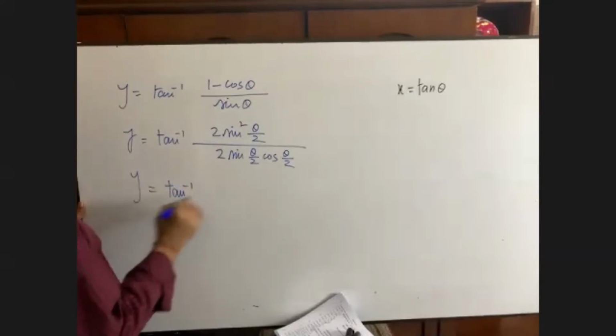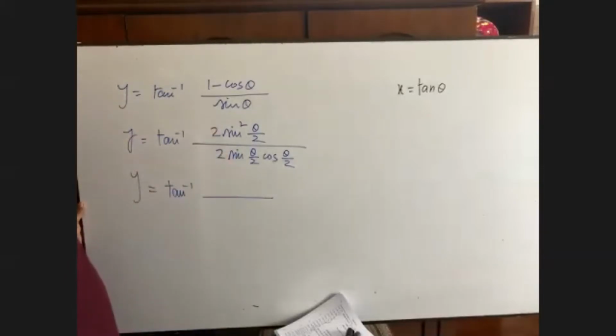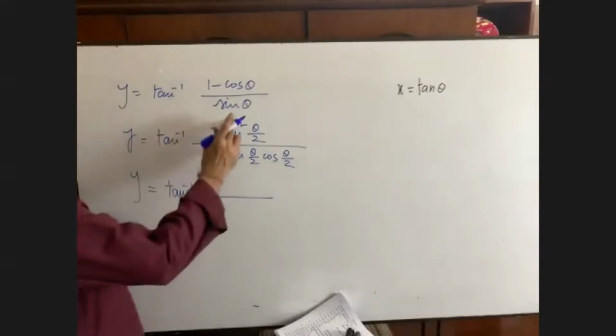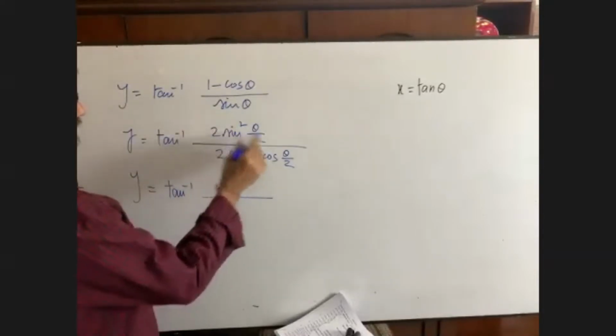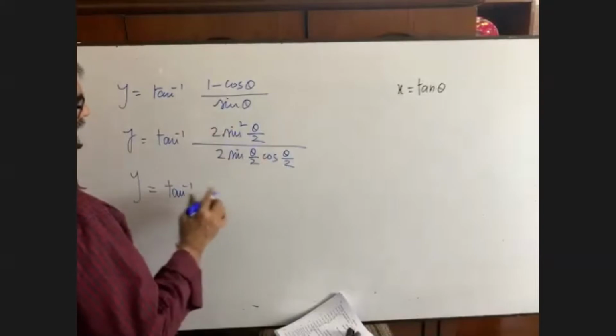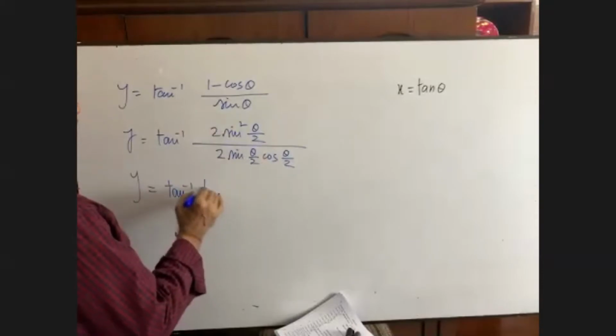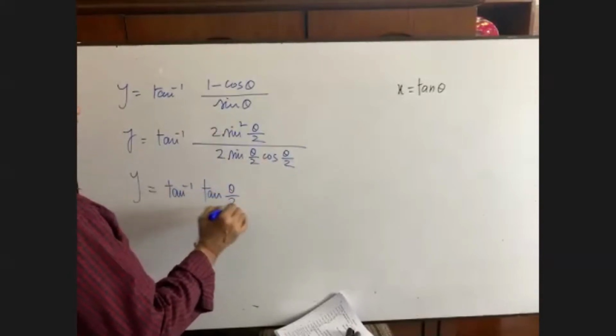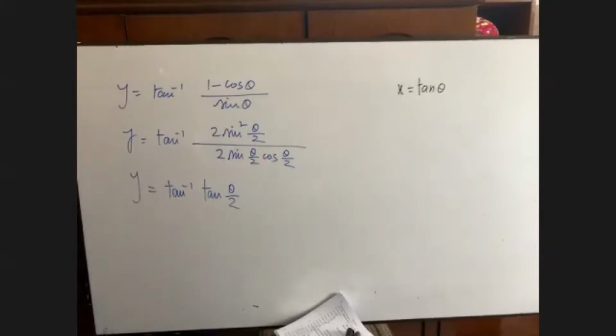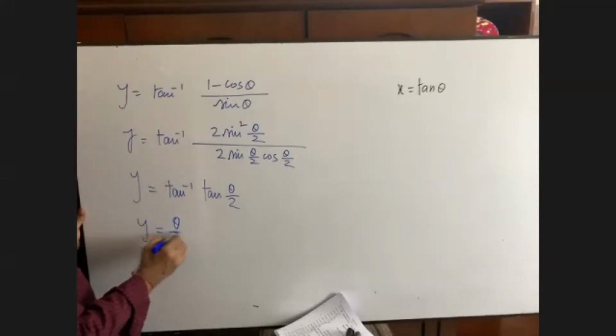The 2 will be omitted from both the numerator and denominator. So it is sin theta by 2 over cos theta by 2, and at a time we can write tan theta by 2.